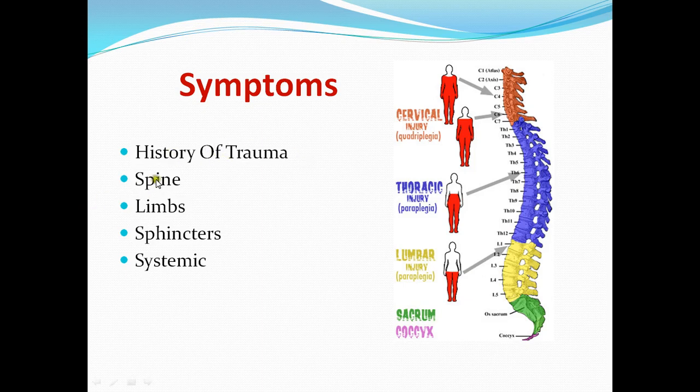Then we should ask about the spine, limbs, and sphincters. Is the patient having pain in the cervical, lumbar, or thoracic region? These three things are very important. Then look at the limbs, whether the patient has weakness of both the upper and lower limbs, or only the lower limbs. We should not be confined to these things, but should also take a systemic review, so ask systemic questions as well.